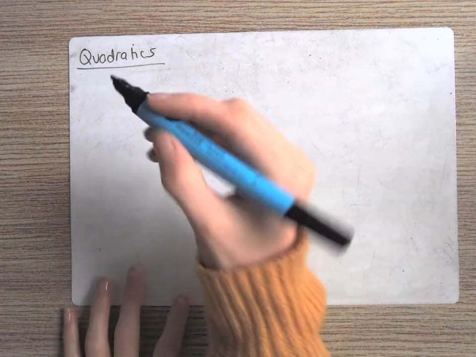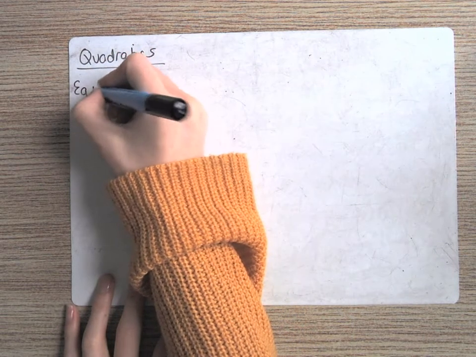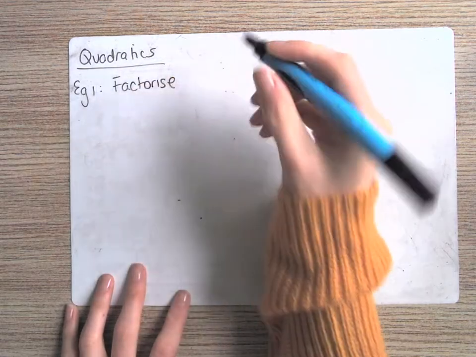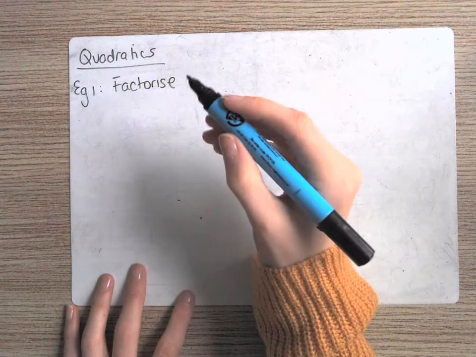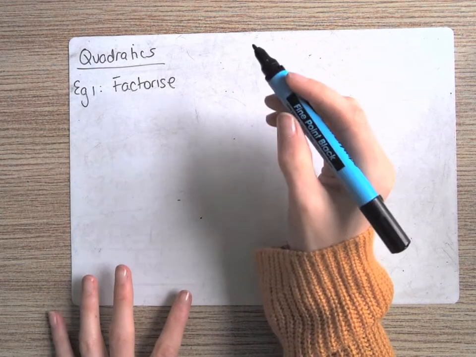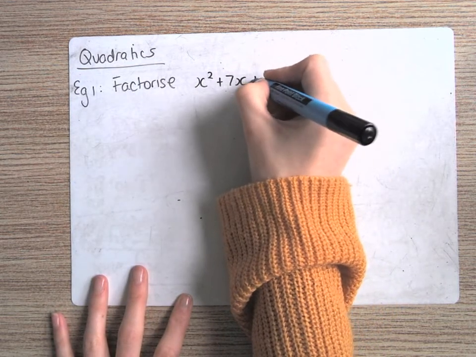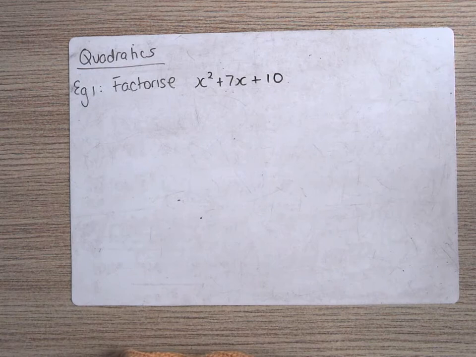So for example, factorise x squared plus 7x plus 10.